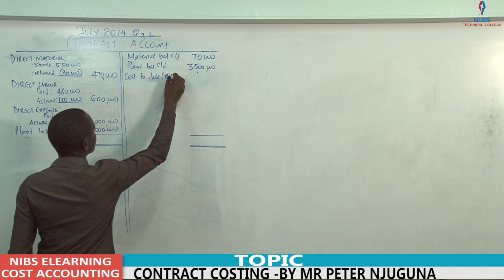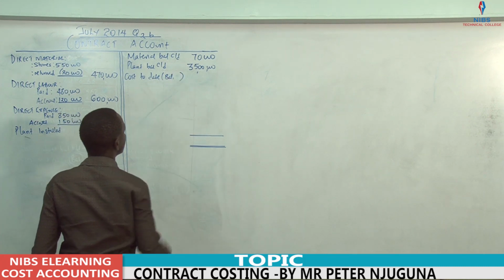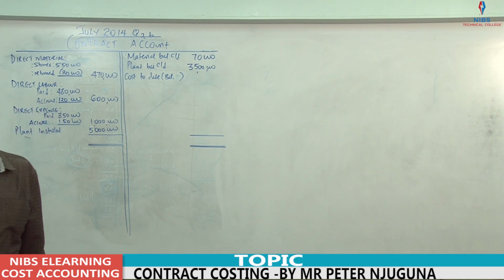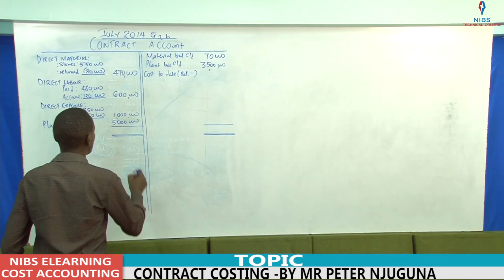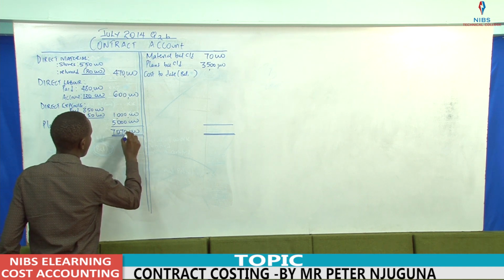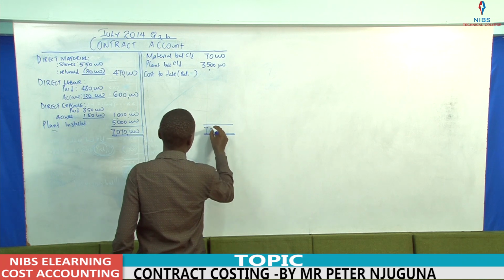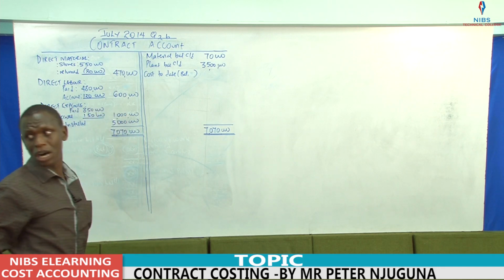Can we use our calculator to balance off that figure? Confirm whether those figures are correct. The total is 7,070,000.